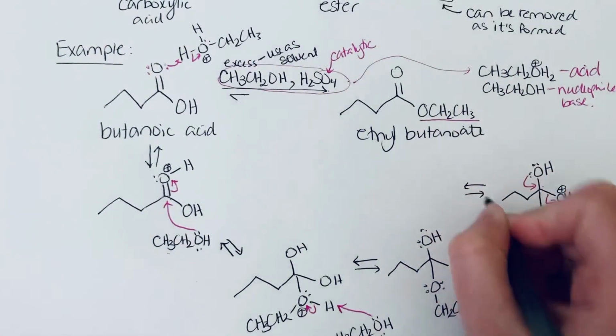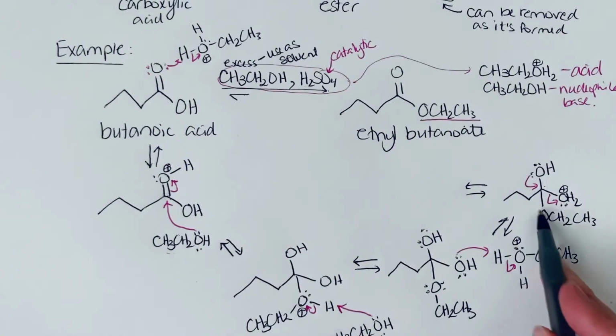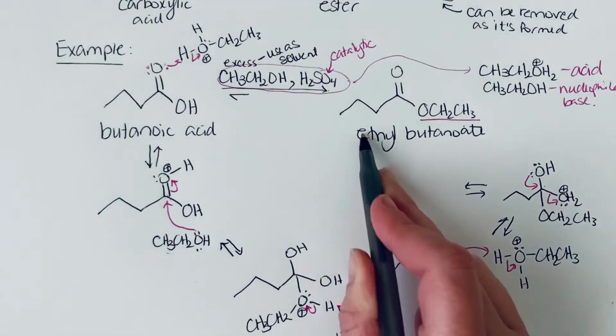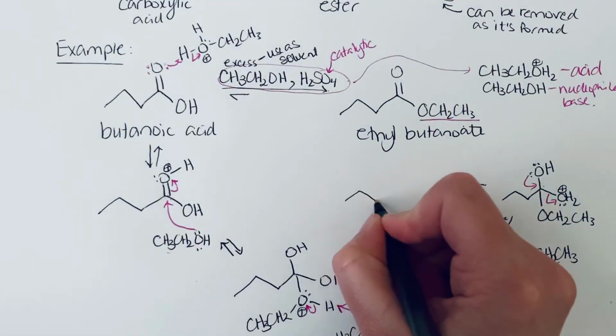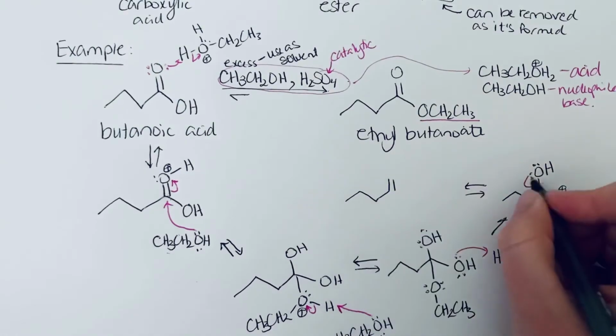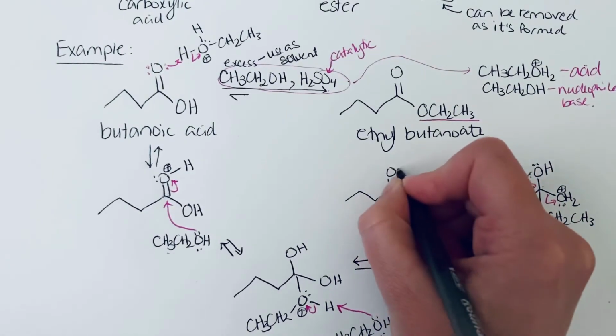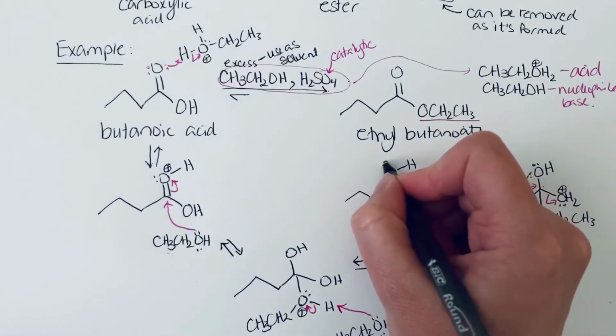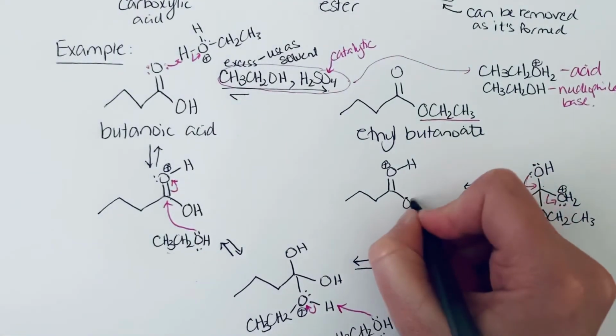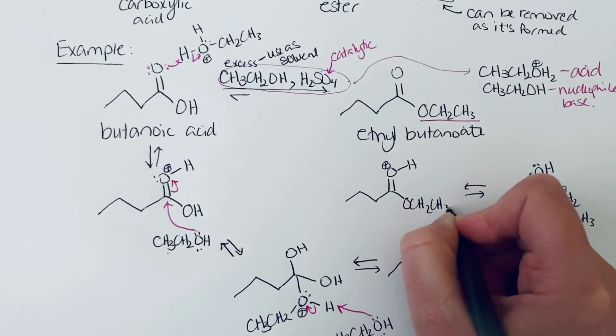So these mechanisms are long, so hopefully you can follow how we're going around here. We have one more intermediate, and then we'll actually be at that product. So now we've formed a pi bond. So that oxygen is protonated, and we have the OCH2CH3, right?